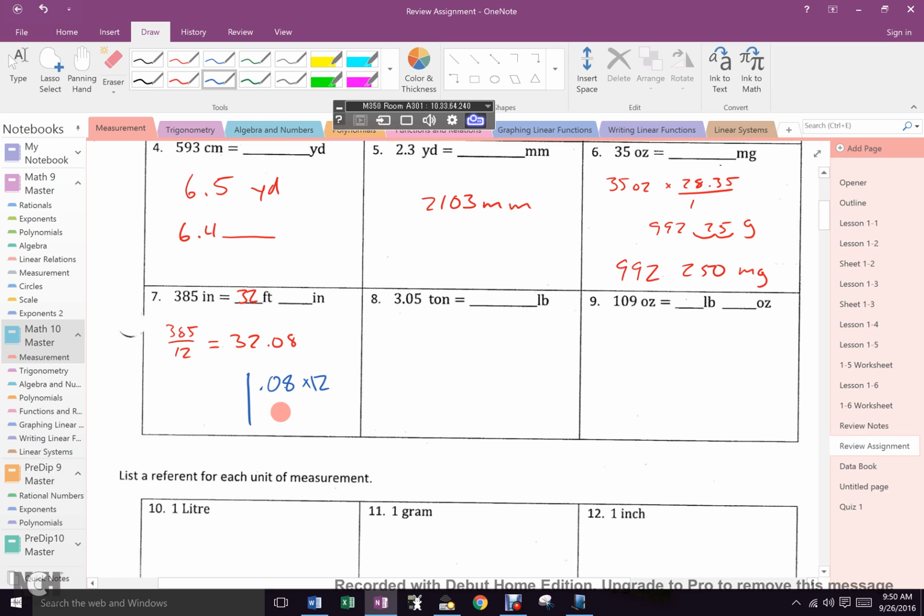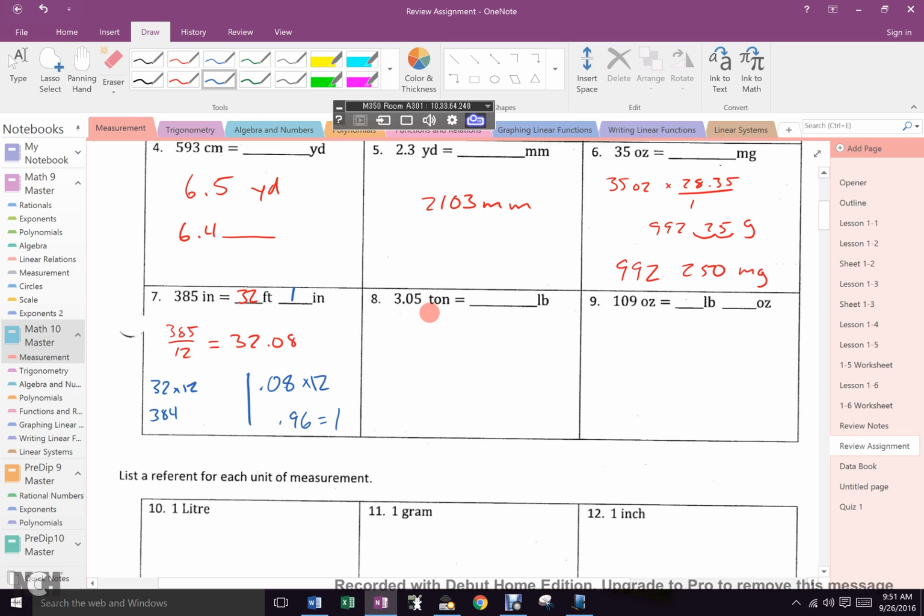Which is 0.96, which is 1 inch, right? But you wouldn't have done 0.08. You would have done your whole calculator, whatever was on the screen there, right? That will get you 1 inch. Or you can do 32 times 12, which got you 384. You needed 385. You've got 384, so there is 1 inch there. Everybody cool? Do I care which way you do that? Of course not, right?